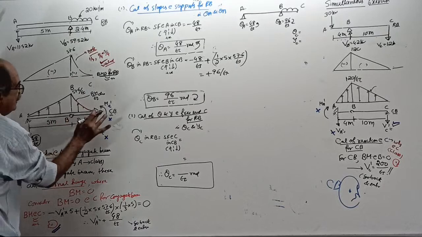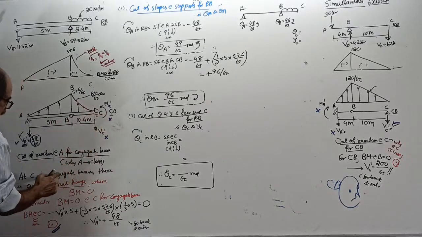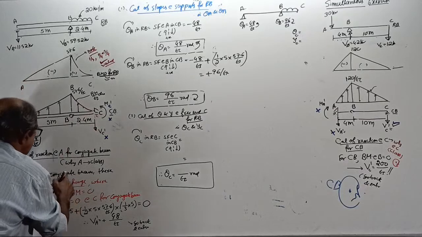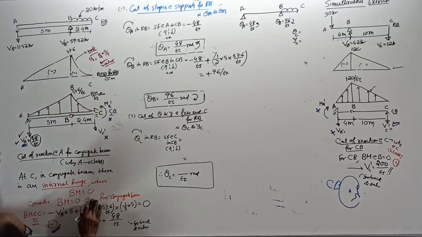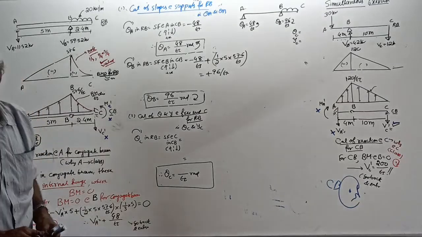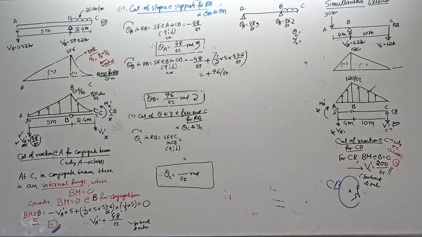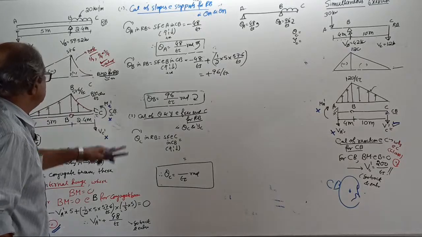This is B, this is C. Then BM is 0 not at C, but at B. BM at B equals 0. Clear? ABCD problem, no problem. You can correct it. It is a habit: left hand is A, right hand is B.